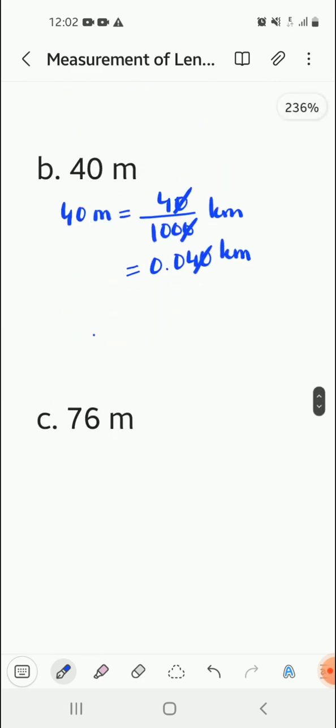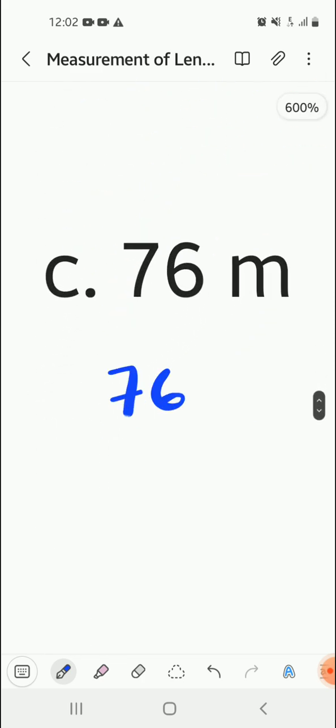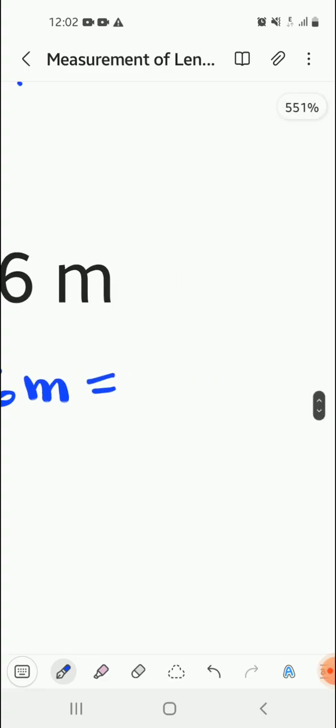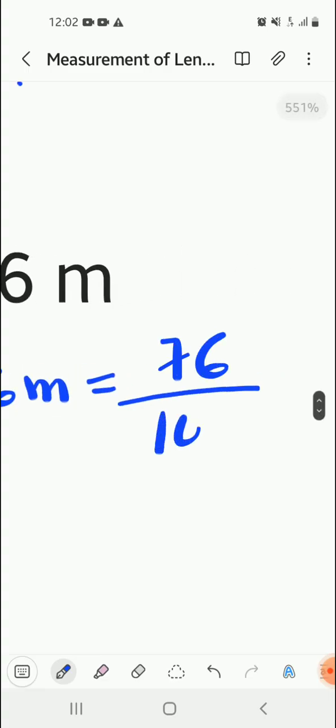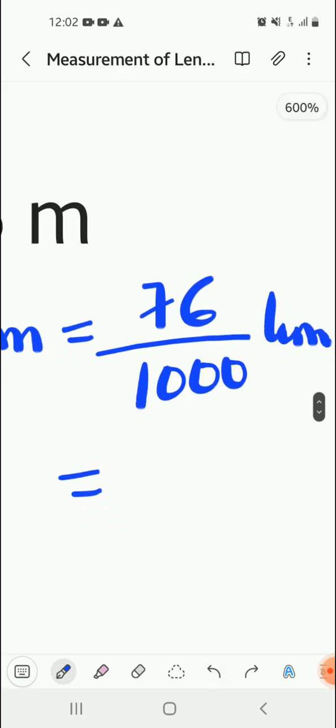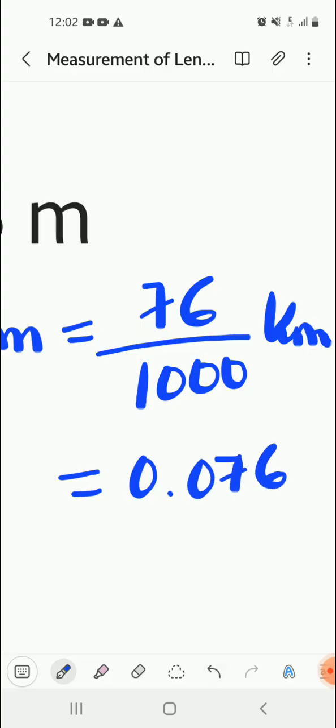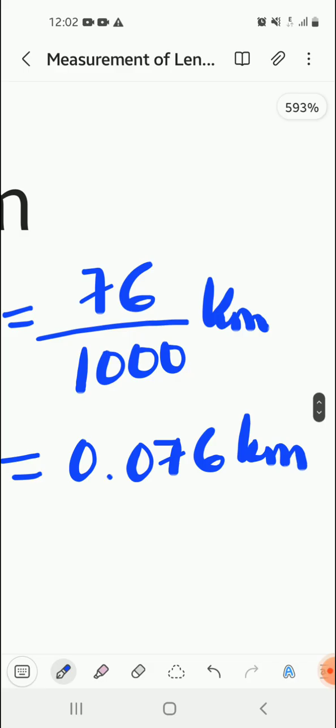Moving on to the next question, 76 meter. So 76 meter is equal to 76 by 1000 kilometer. So this is 0.076 kilometer.